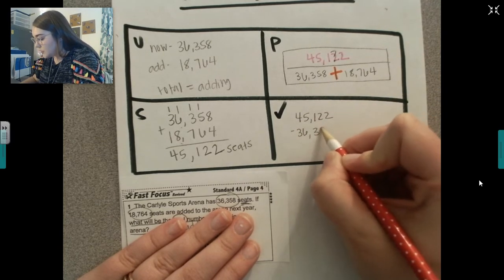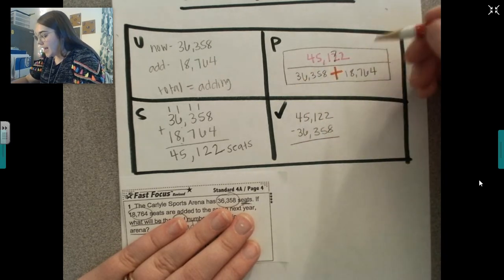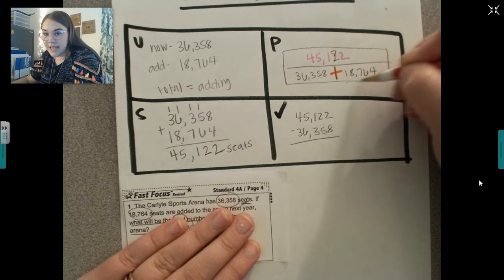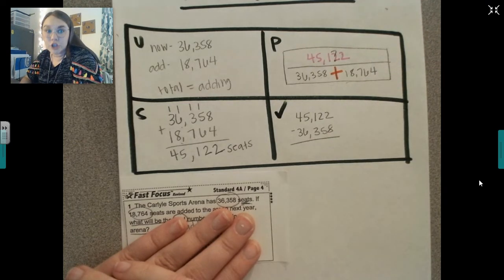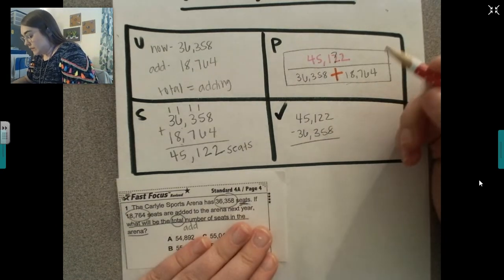If I subtract 36,358, I should get this 18,000 number. I should. So let's see. I want you to pause the video and I want you to solve this.